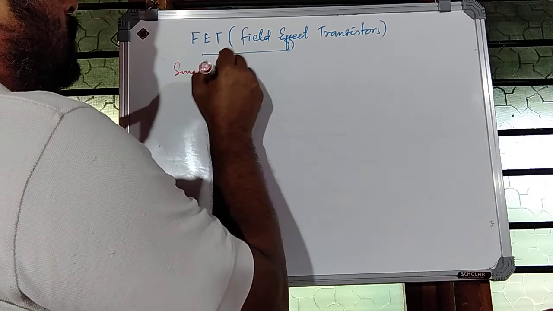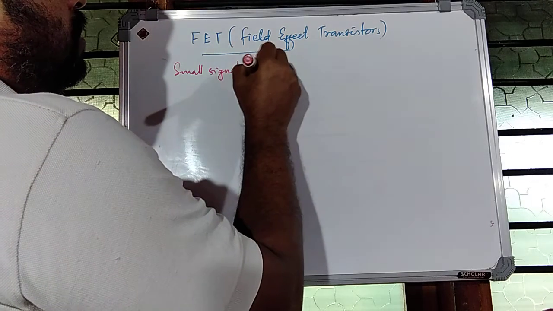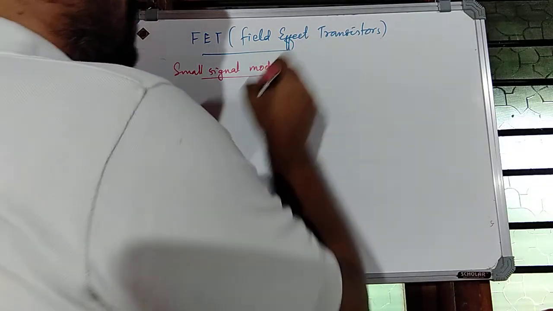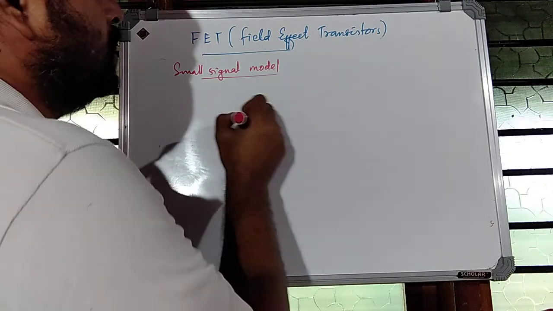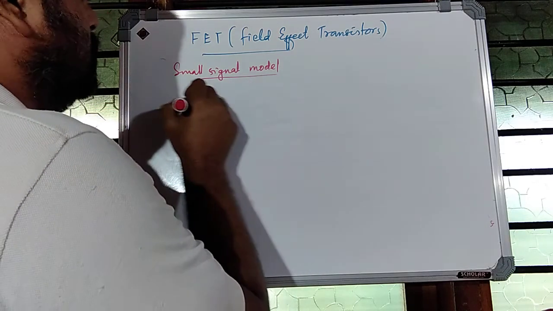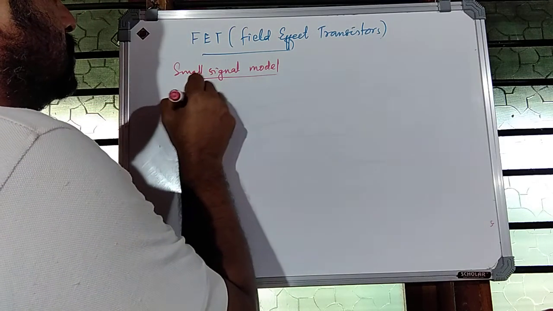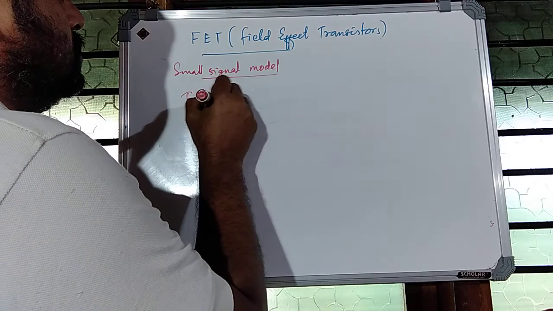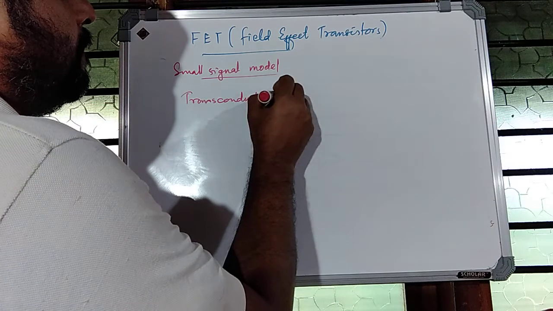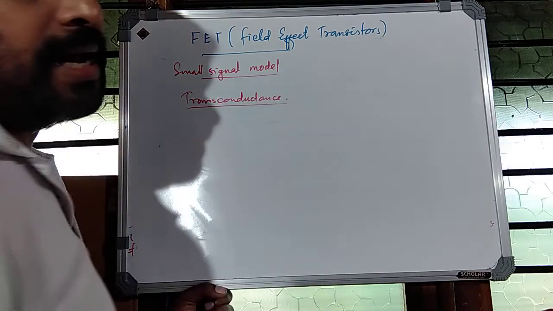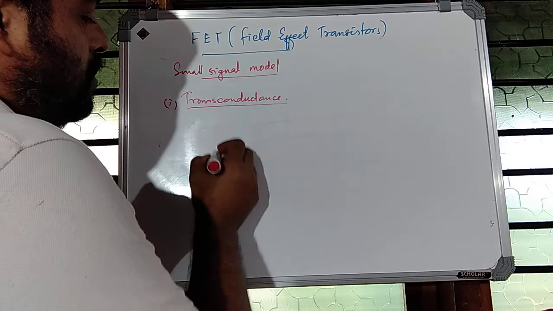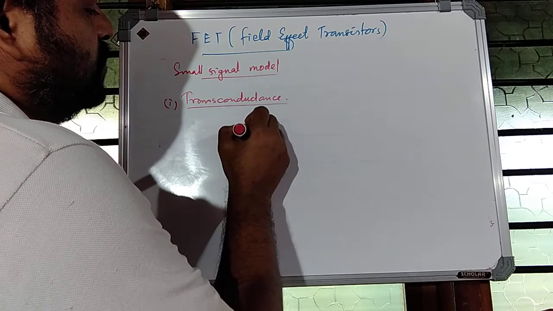The small signal model has only one quantity, that is gm, the transconductance parameter.